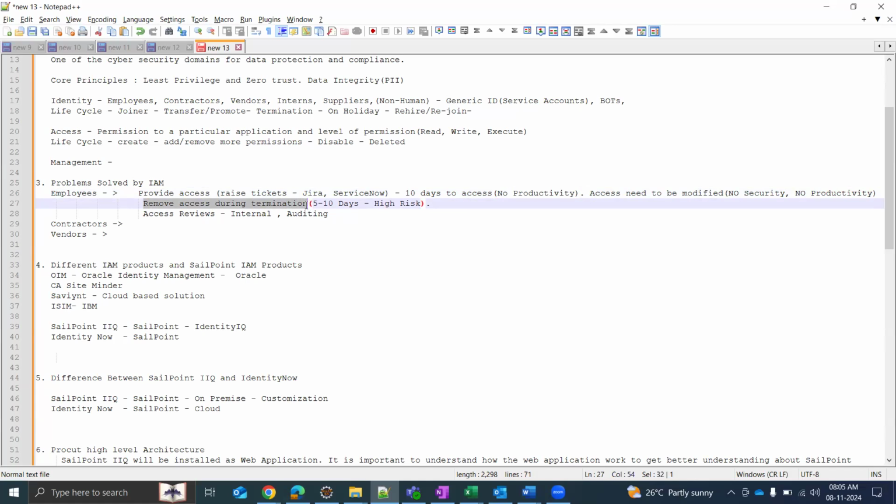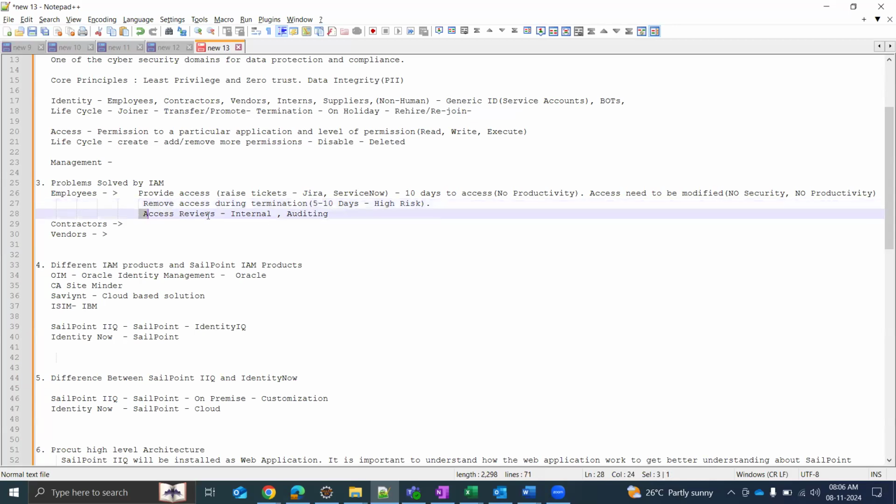So this is very risky. So this is one of the main problems faced by the organization, to make sure that the access is removed on time. So you now understand, when we follow the existing ticketing system, it will not happen on time. So this is a problem.